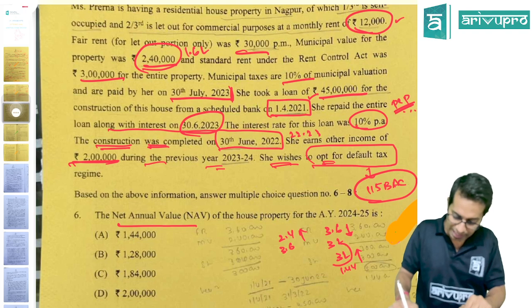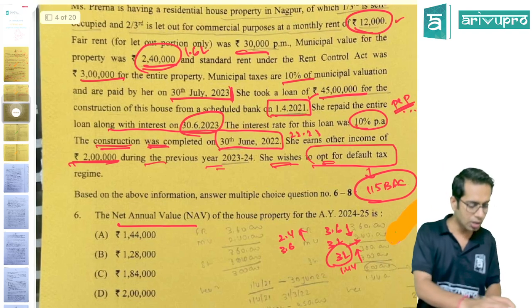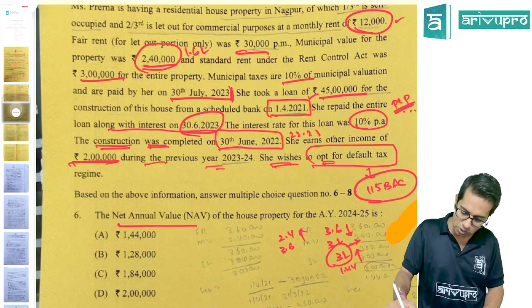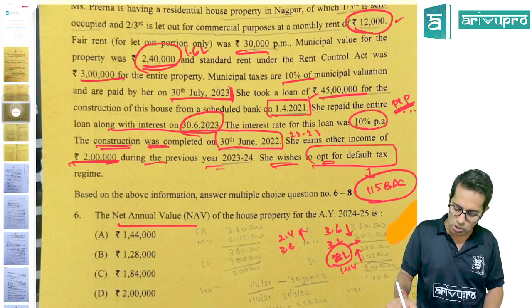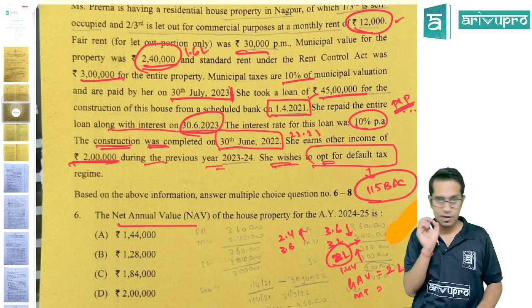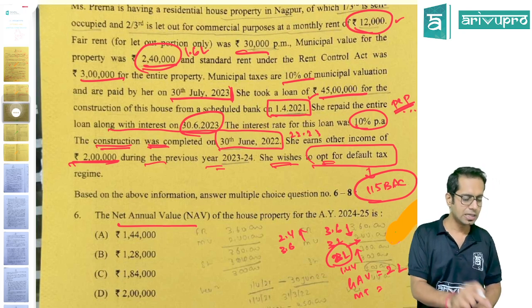Now please note, this 3 lakh rupees is for the entire property. I should take proportionately only for the let out portion. 3 lakh into 2 divided by 3, which is 2 lakh rupees. So my gross annual value will be equal to 2 lakh rupees. From this I will subtract municipal taxes. How much is municipal taxes? 2,40,000 is the total municipal value into 10%, 24,000.